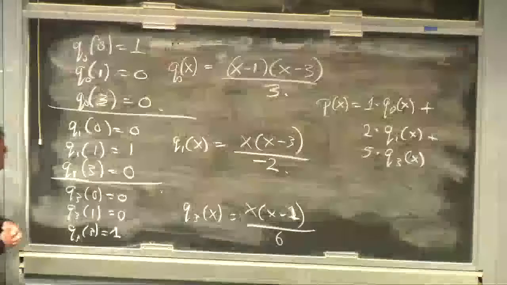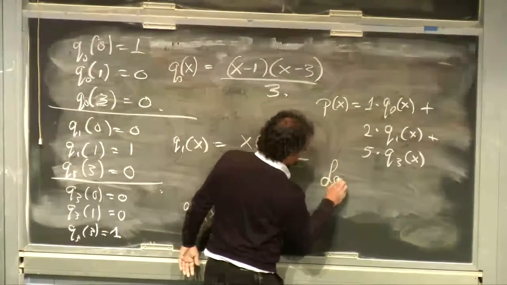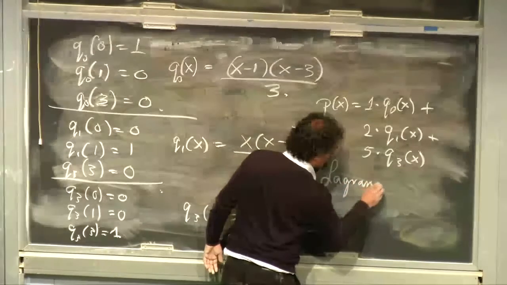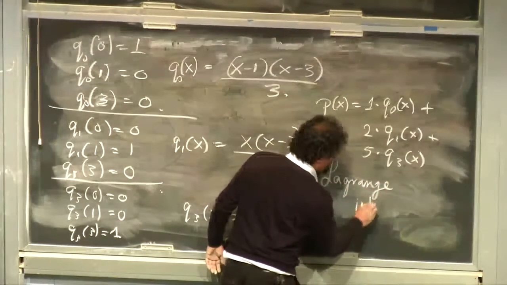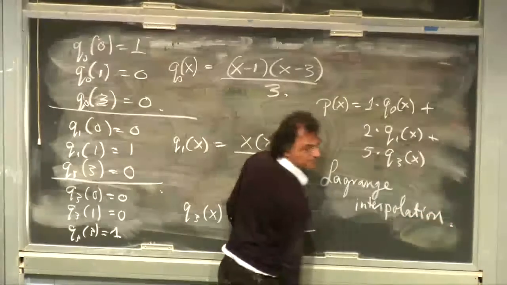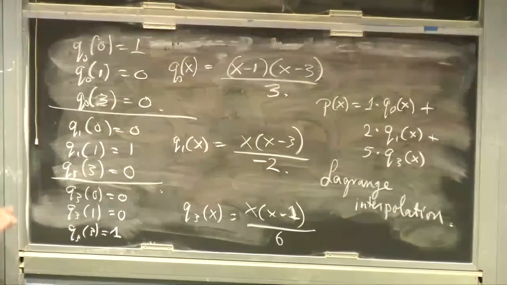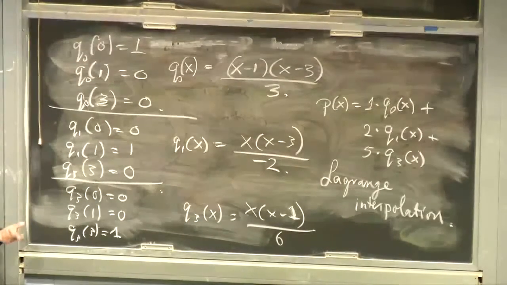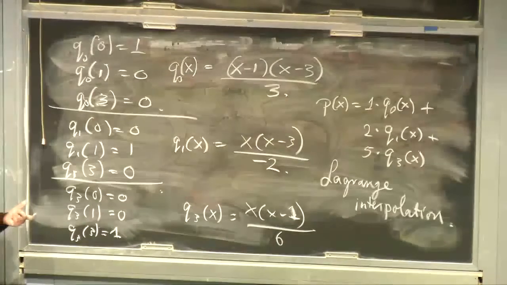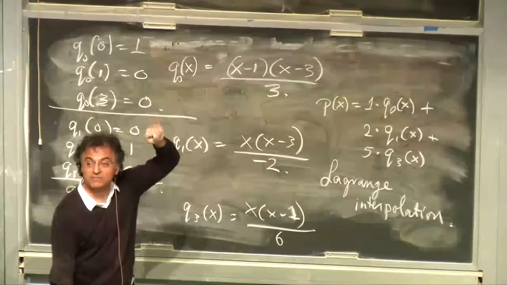So this process is called Lagrange interpolation. It gives you a general way, given the value of the polynomial at d plus 1 points, of creating a polynomial of degree d such that it has those values. It goes through those d plus 1 points.